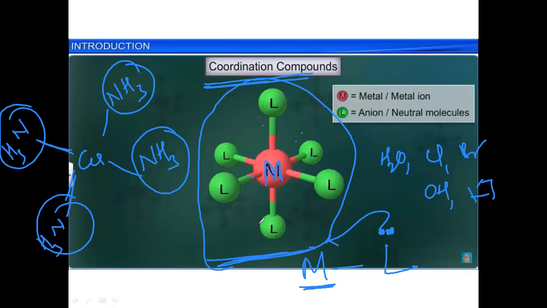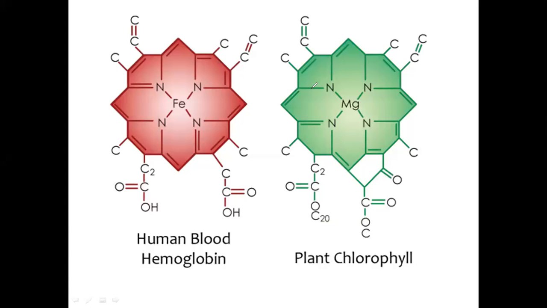Now let us see how this particular complex will form and what are the simple structures. So I will explain you. See here, this is the hemoglobin structure and this is the chlorophyll structure.